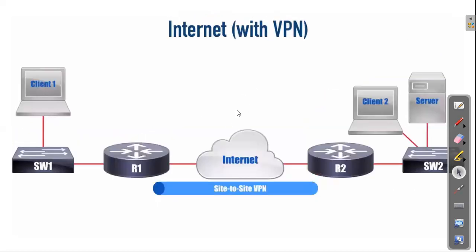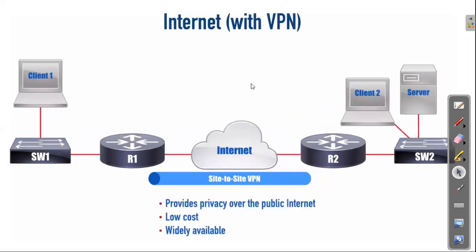The next one, internet with VPN, right? It is the direct connection. There are several VPNs available. This is site-to-site VPN, that provides privacy over the public internet.